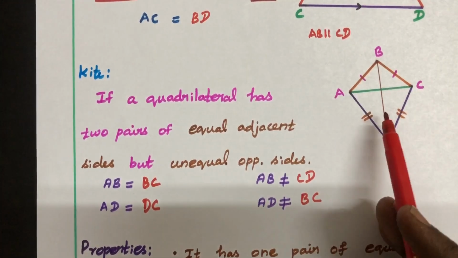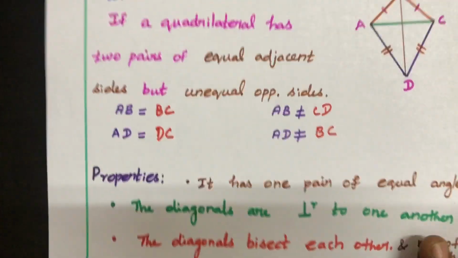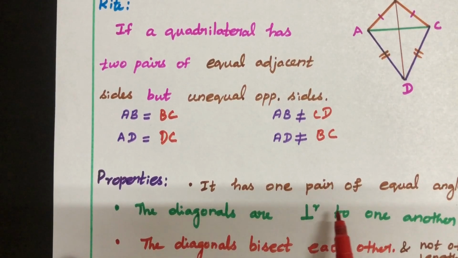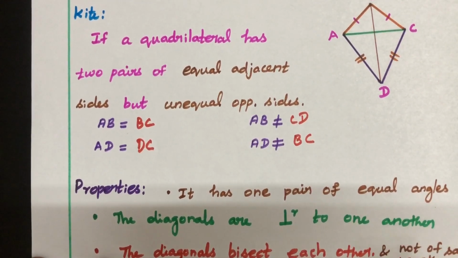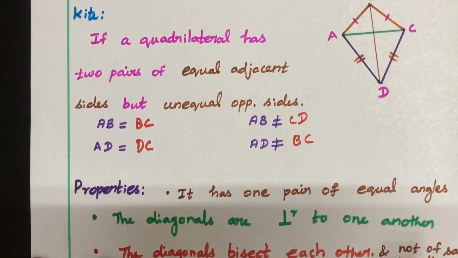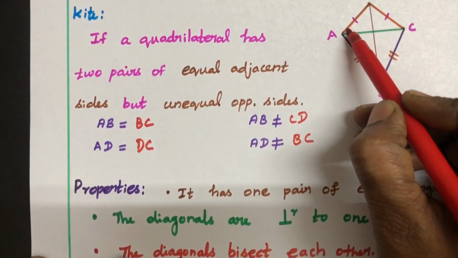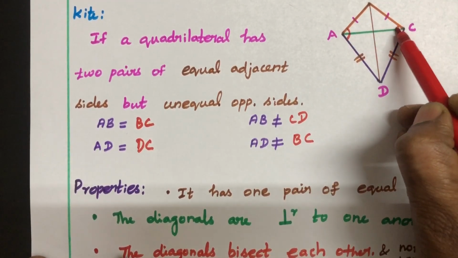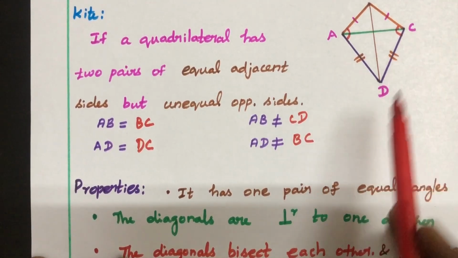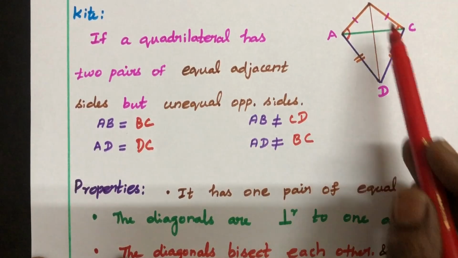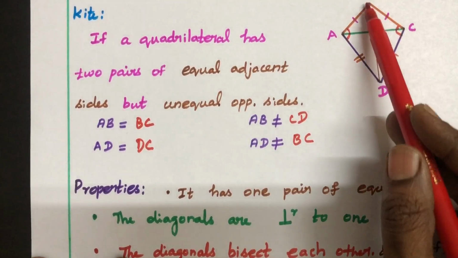This is called a kite. It has some properties. It has one pair of equal angles. Yeah, it must have one pair of equal angles, right? These two angles must always be equal for a kite. Next, the diagonals are perpendicular to one another.